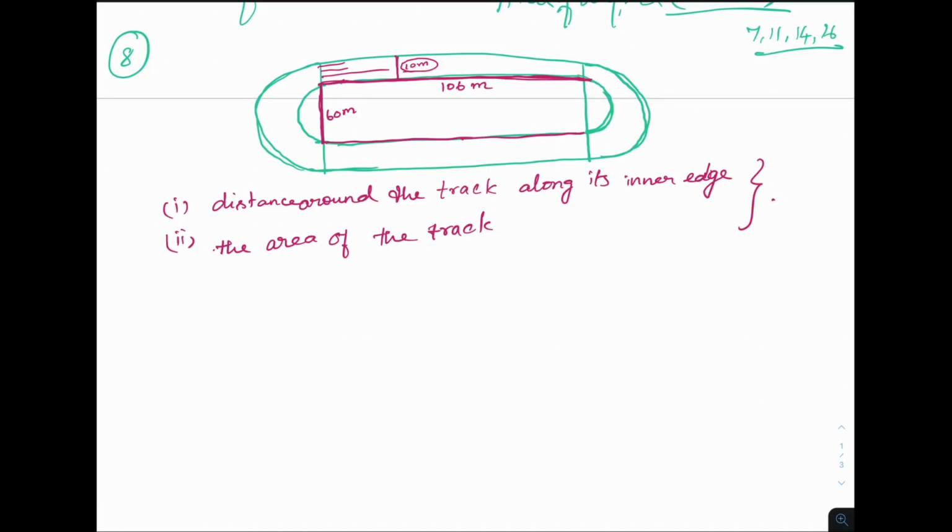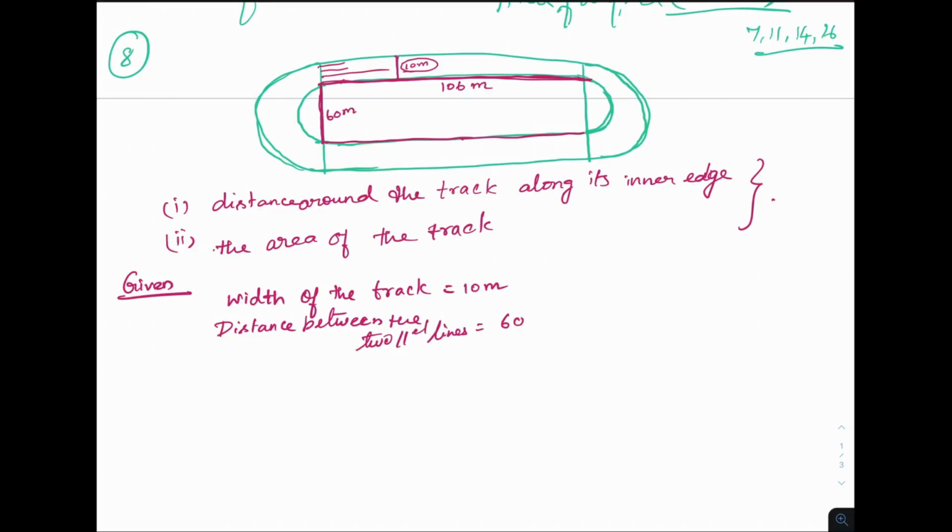So first we need to know what all is given. First we will write whatever is given here. Given: width of the track is 10 meter, and distance between the two parallel lines equal to 60 meter.